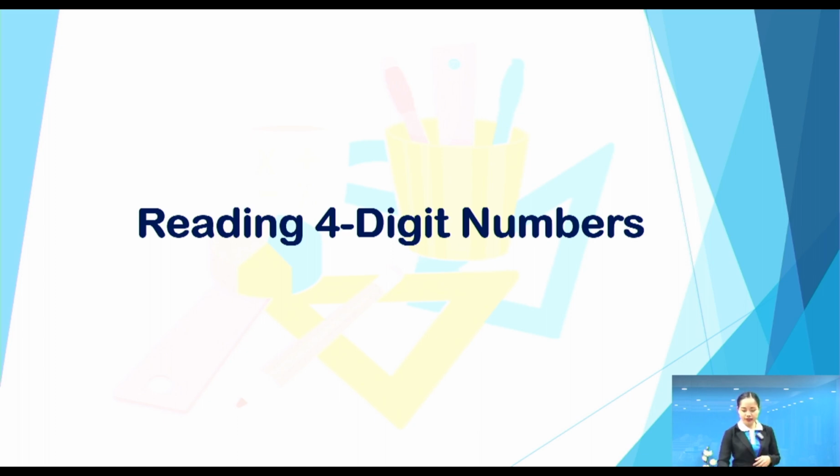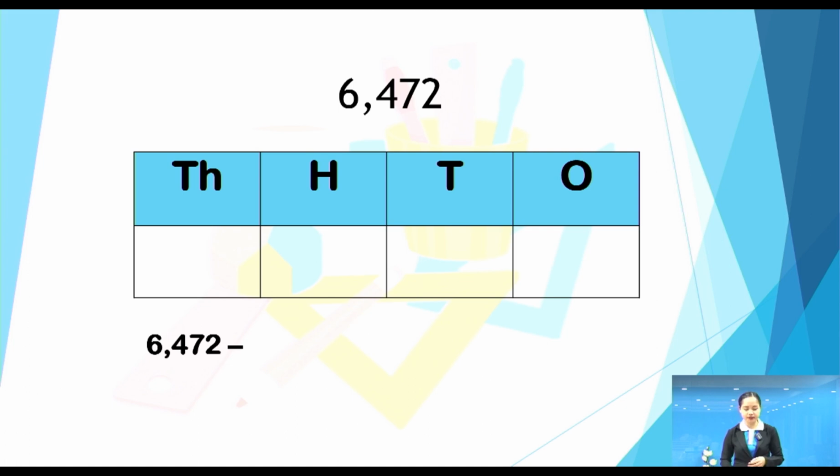Very good. Under 1,000. Where can I write number 4? Under hundreds. Where can I write number 7? Under tens. And the last one is, where can I write number 2? Under ones.